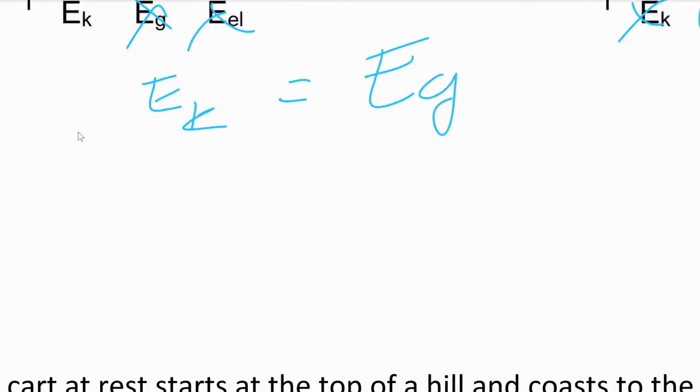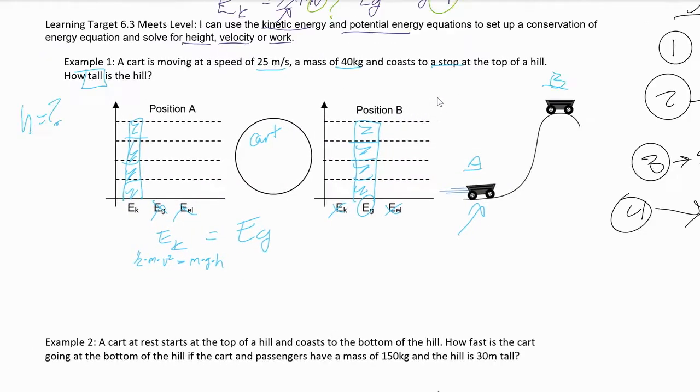Now, that's nice, but we want to know exactly how much energy that's going to be. So we're going to substitute in our equations for both of these things. So we've got 1/2 times the mass times the velocity squared. That has to equal the EG, which is going to be mass times gravity times height. Okay, so now that we have those things, we can go back to our original problem and say, hey, look, the velocity is 25 meters per second, and the mass is 40 kilograms.